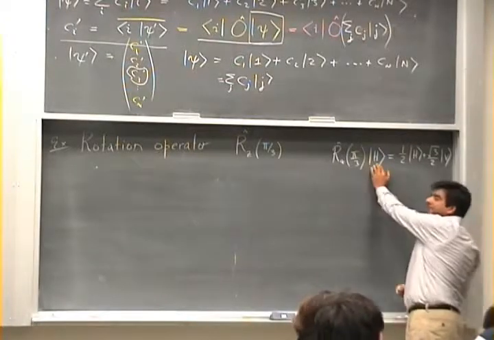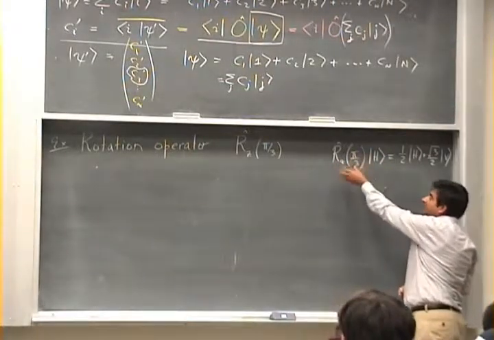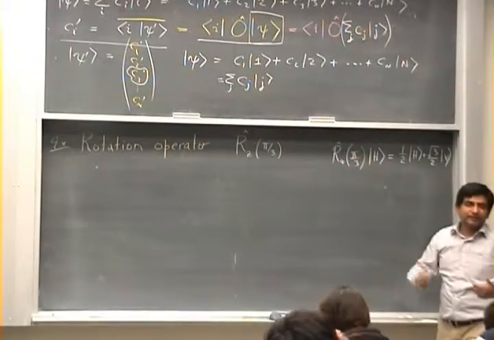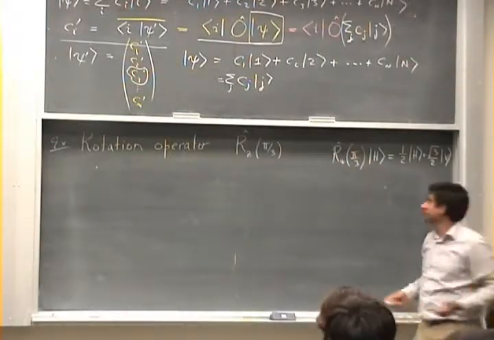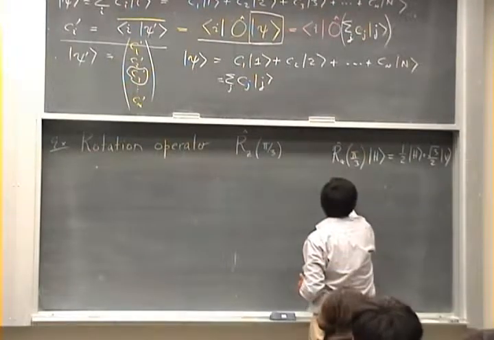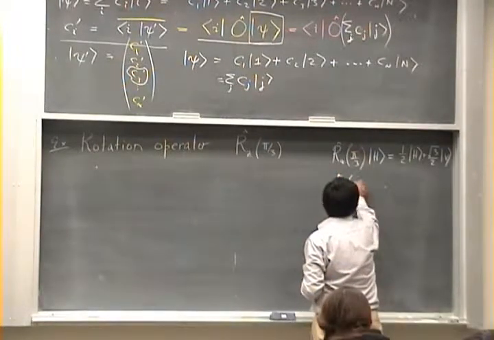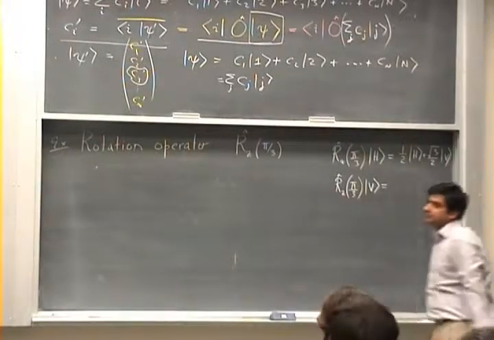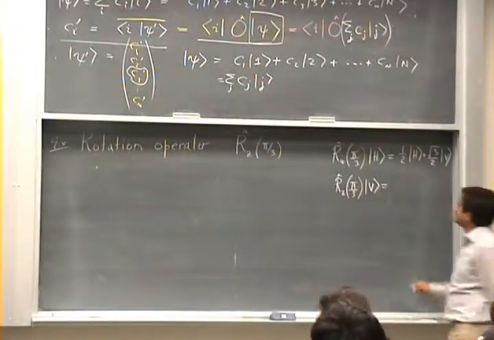So I choose one of the basis vectors and find the output state when the operator acts on it. Now I choose the other basis vector and I find out what happens when RZ acts on the other basis vector, ket V. What do I get?